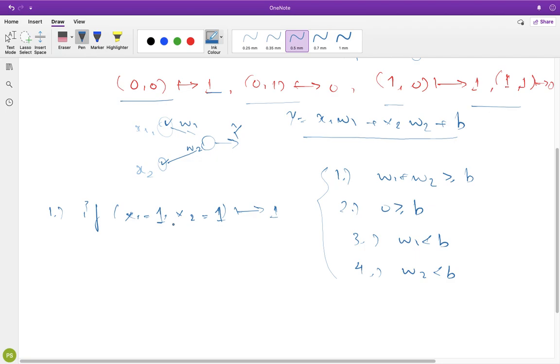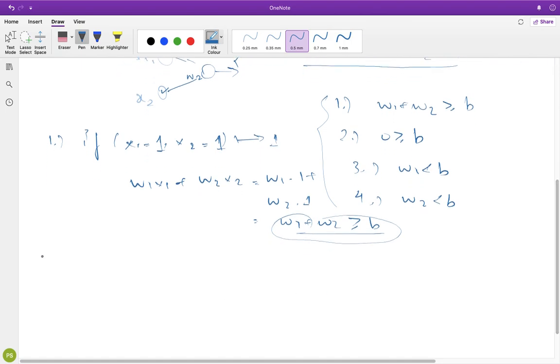We can get 1 as the output only if w1 times x1 plus w2 times x2, which equals w1 times 1 plus w2 times 1, equals w1 plus w2, is greater than or equal to b, which means that this one is true.